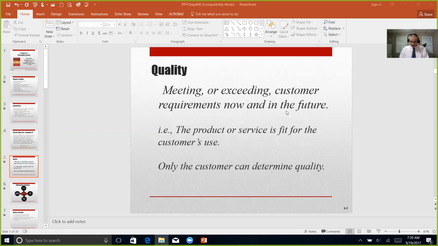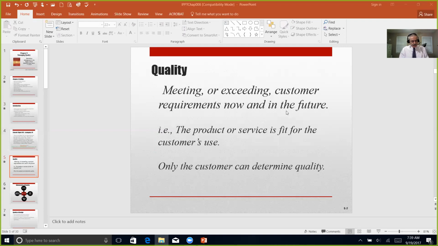Most of our customers may be satisfied with our product today, but tomorrow may be completely dissatisfied with it. So quality is something we should be striving for and driving toward each and every day in what we do.